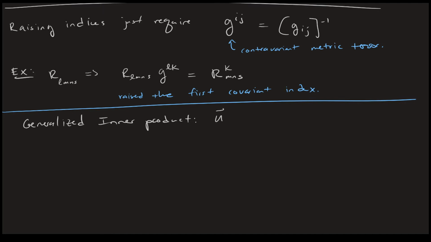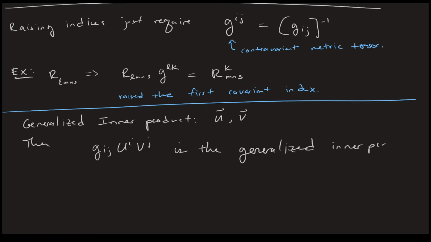If you have two vectors u and v, then G_ij u^i v^j is the generalized inner product. So that's the last thing I want to mention from chapter 5.